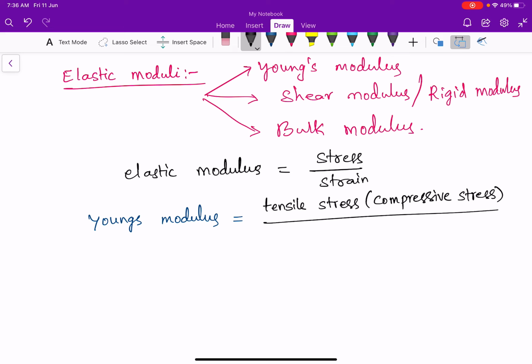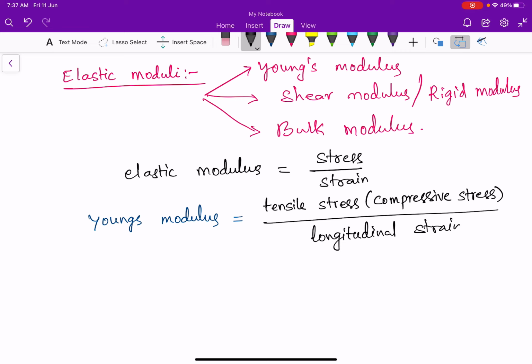Either we stretch the object or compress the object, the change in length is the same. So Young's modulus is defined as tensile or compressive stress divided by longitudinal strain.